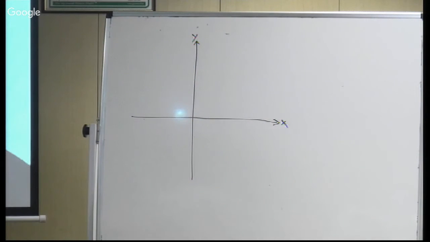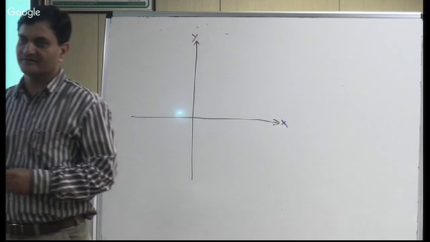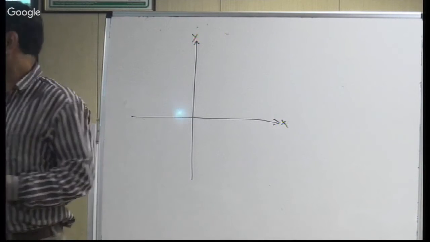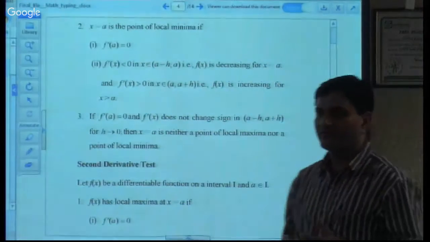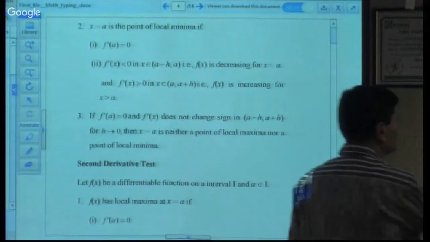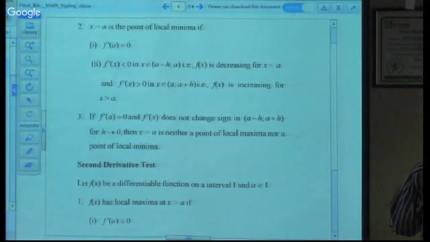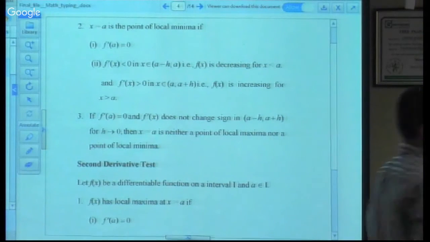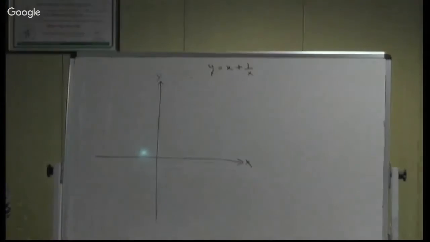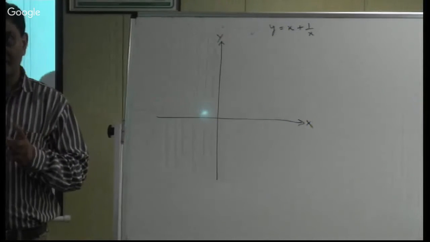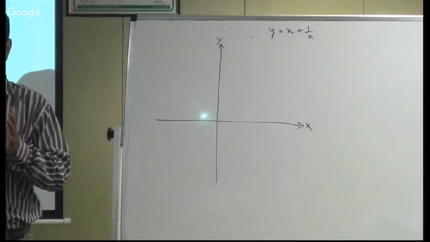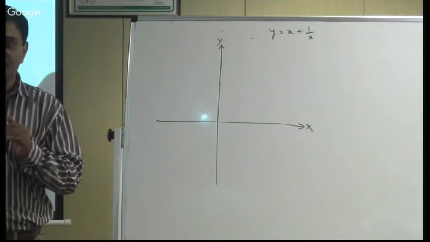Now what is this function 1 by x? If you have to draw the graph of y equal to 1 by x, what is the graph? See, here we have the sum of two functions, x and 1 by x. Can anybody tell me what y equal to 1 by x will be? It is a rectangular hyperbola in which the two axes, x and y axes, are the asymptotes.